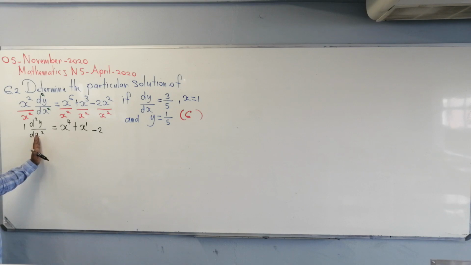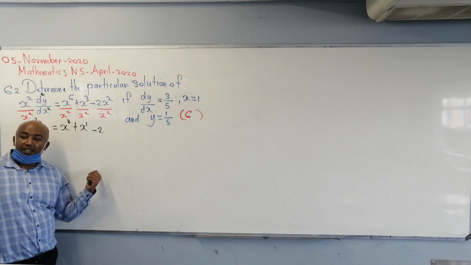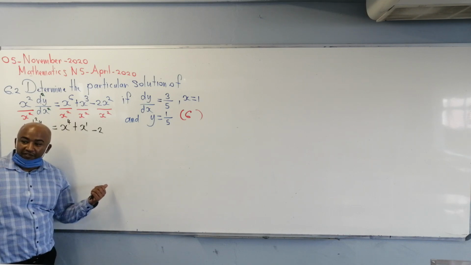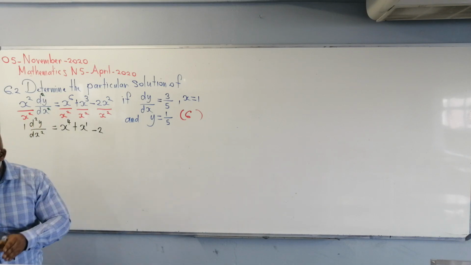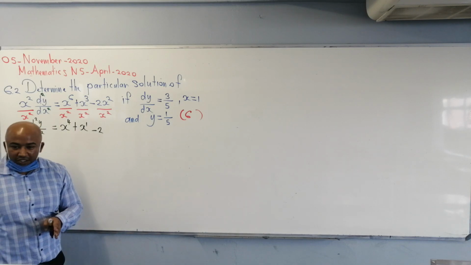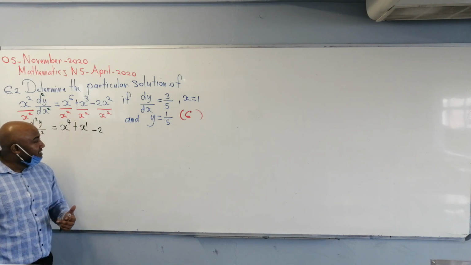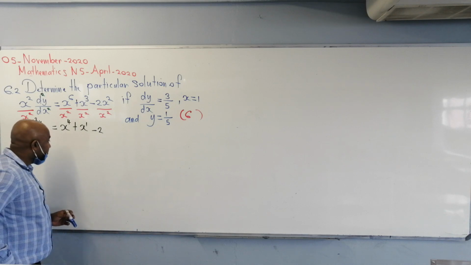Now, we have the second derivative. That means this is a result of an equation that has been differentiated twice. So if we want to find the general solution, we have to integrate 2 times. Okay, direct integration.